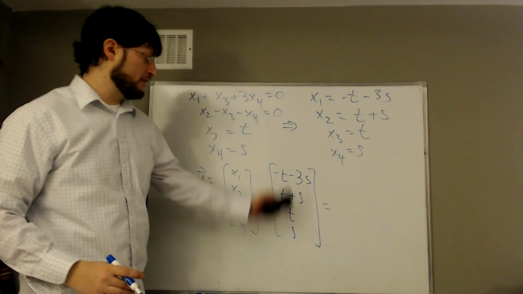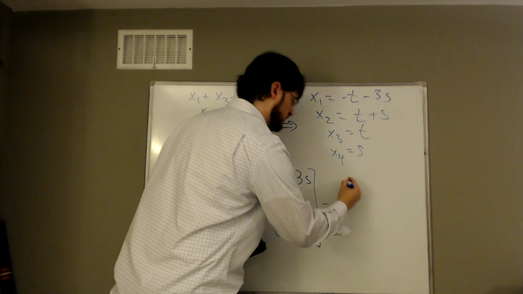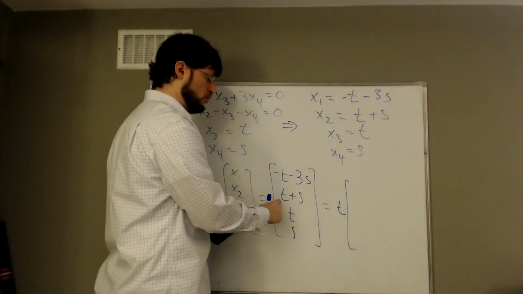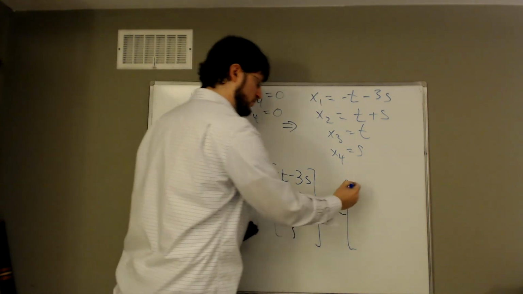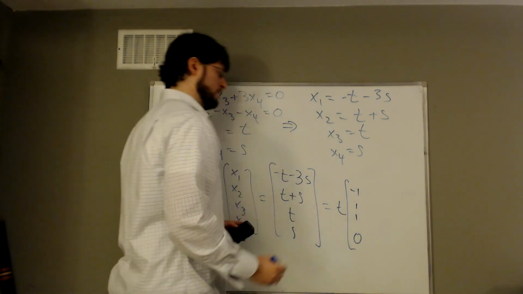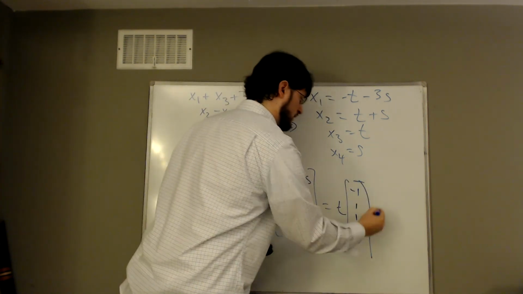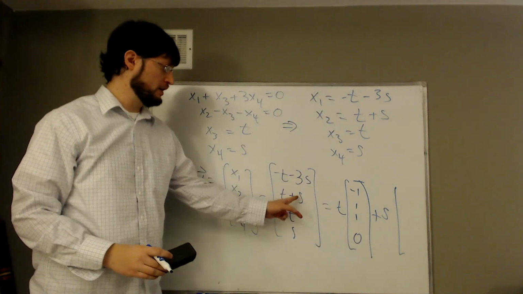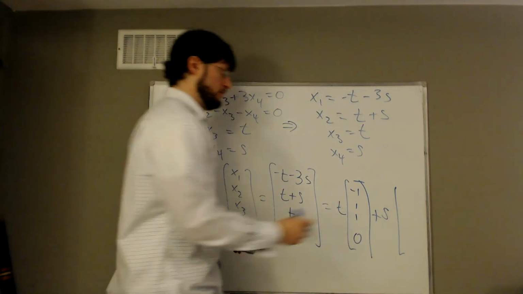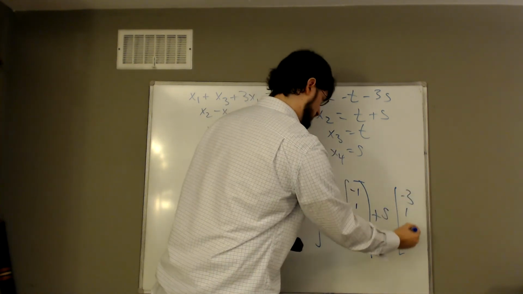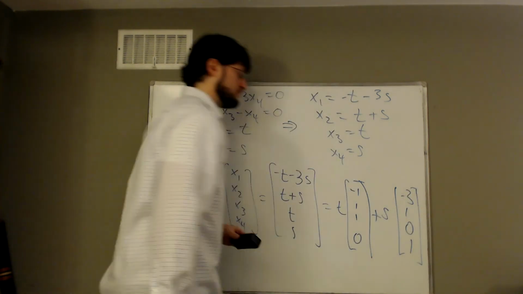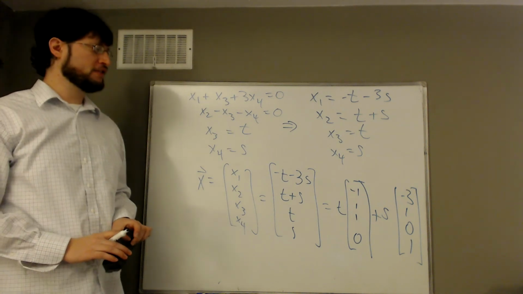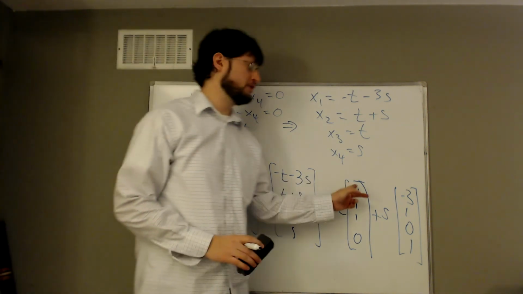So we take a vector for the parameter t, and if we do that, what we have is negative 1, 1, 1, 0. And then we take a vector for the parameter s, which is negative 3, 1, 0, 1. Which means that a basis for the null space is the vectors that we get back in the end.